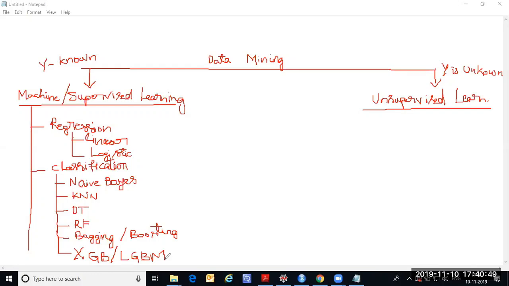Right? And along with the regression, we will also look at lasso regression and ridge regression, which are more effective algorithms for building models to predict regression problems. Okay, lasso and ridge.